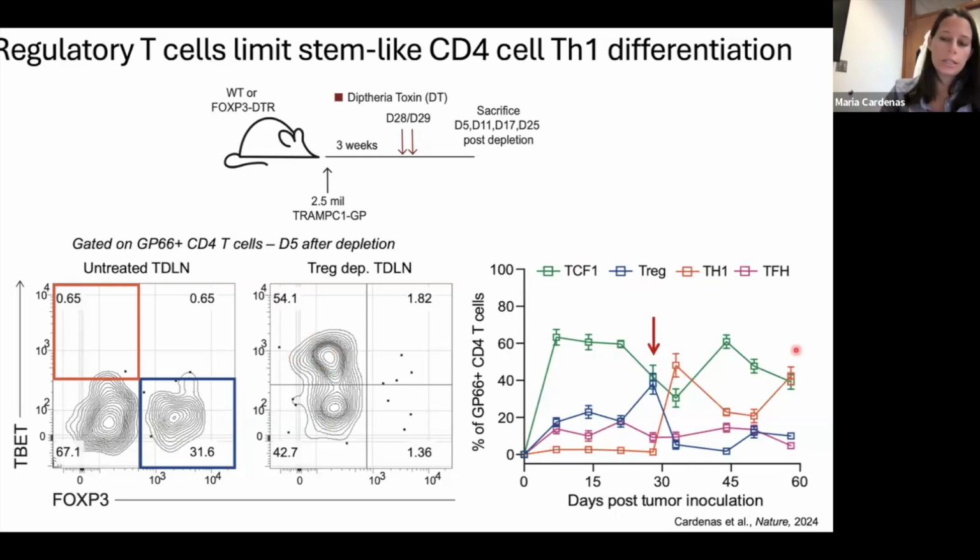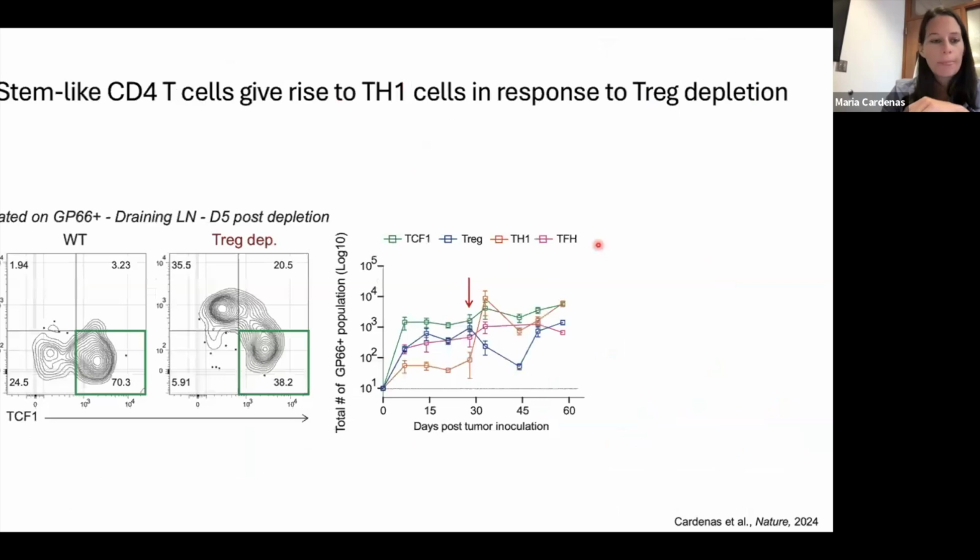And this is really consistent even 25 days after the initial depletion, when the Tregs do come back. So this is the DREG model of FOXP3 depletion, and Tregs do come back. But now, once the differentiation trajectory has gone to Th1s, it seems that it's able to self-sustain itself, both within the draining lymph node and in the tumor, which was really interesting to us as well.